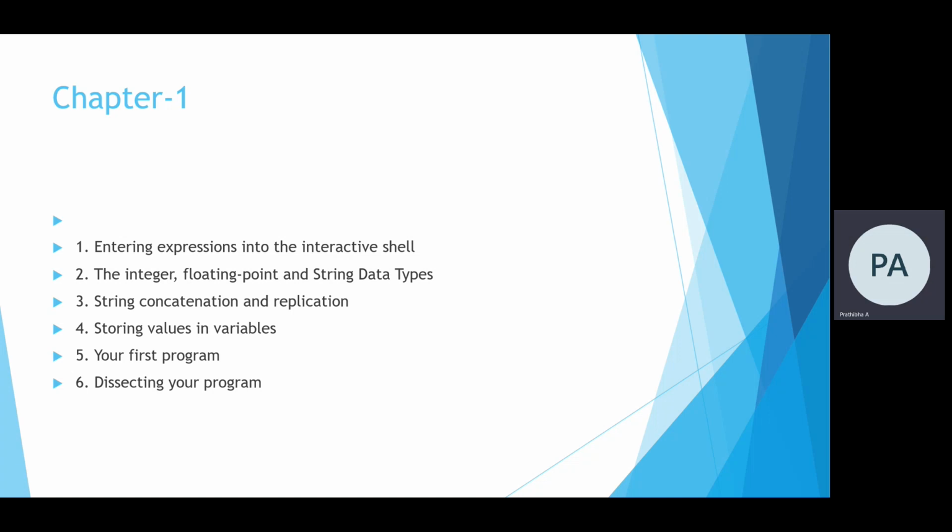There are integer, floating point, and string data types, and we can even have string concatenation and replication, storing values in variables, and we can write our first program. These are the things we'll see in this particular module.